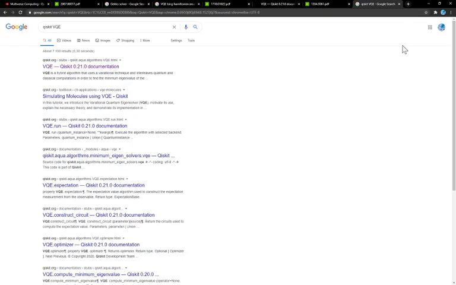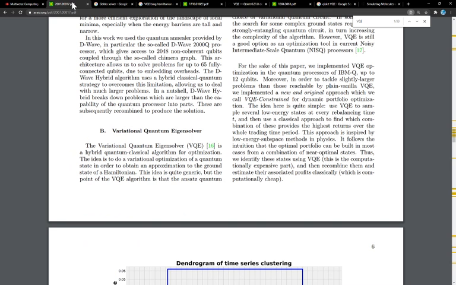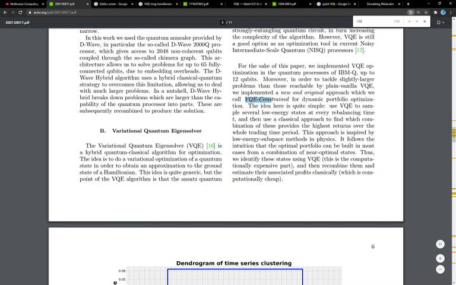Qiskit VQE, so I guess you give it whatever ansatz you want in here, right? That's the idea, just choose whatever you want. But let's not get distracted. So go back here.